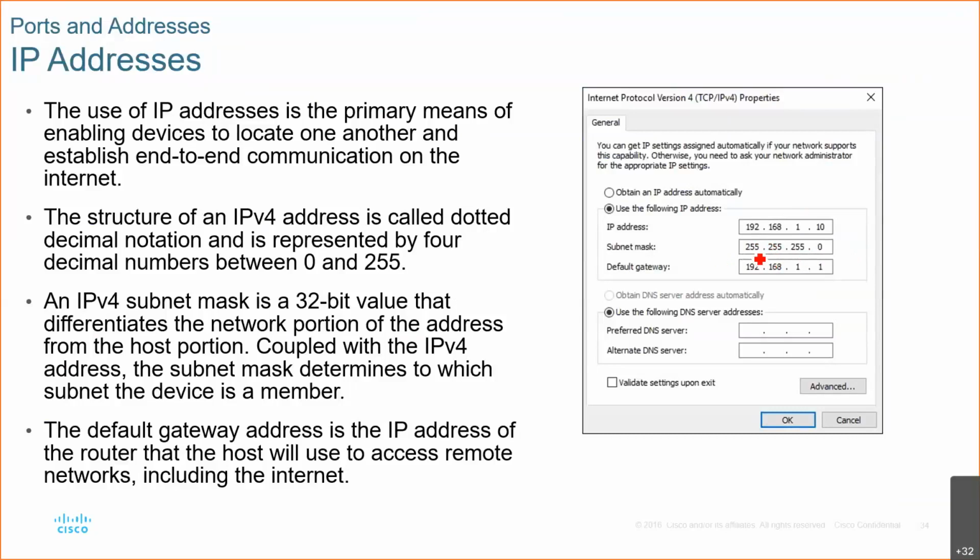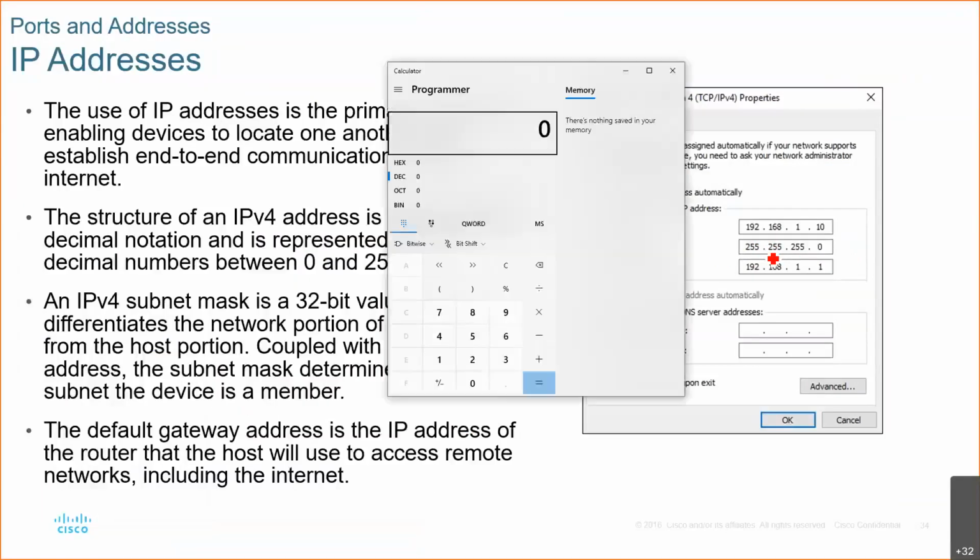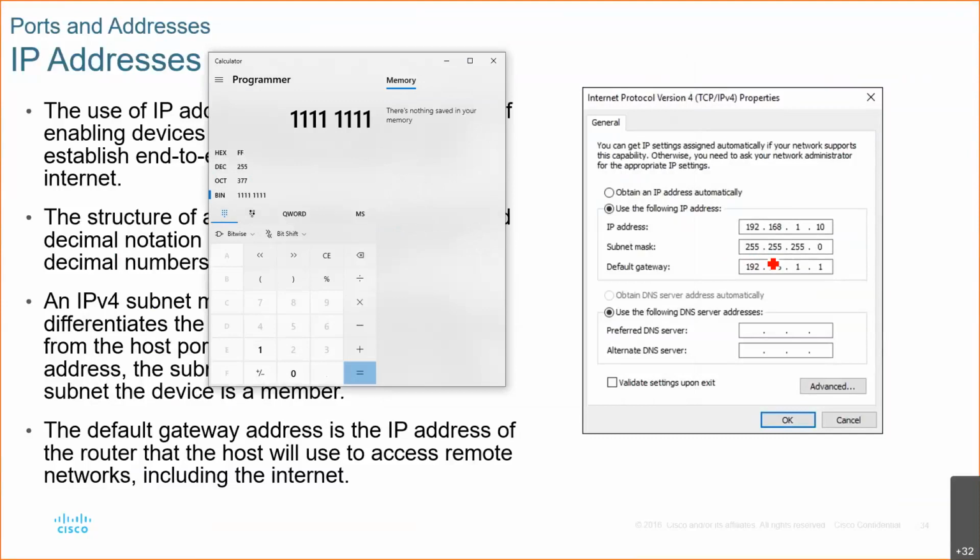Why don't you just use your calculator and convert 255 into binary format. Let's open our calculator. In decimal, I type 255. So 255 in binary is 11111111. If I have 255 plus 255 plus 255, that means 8 plus 8 plus 8, so 24 bits are for the network.